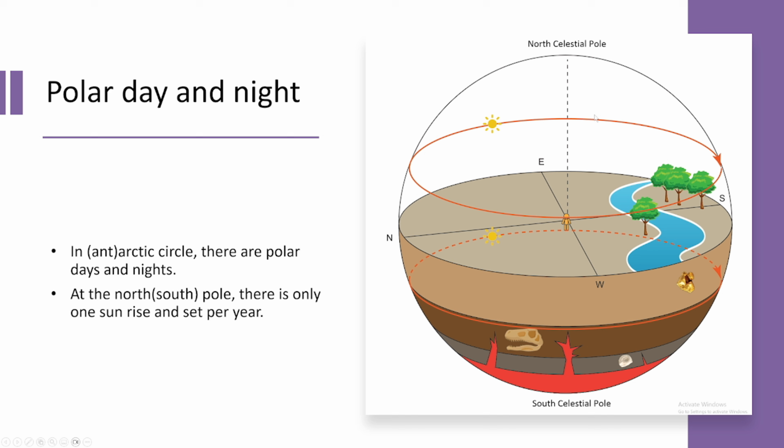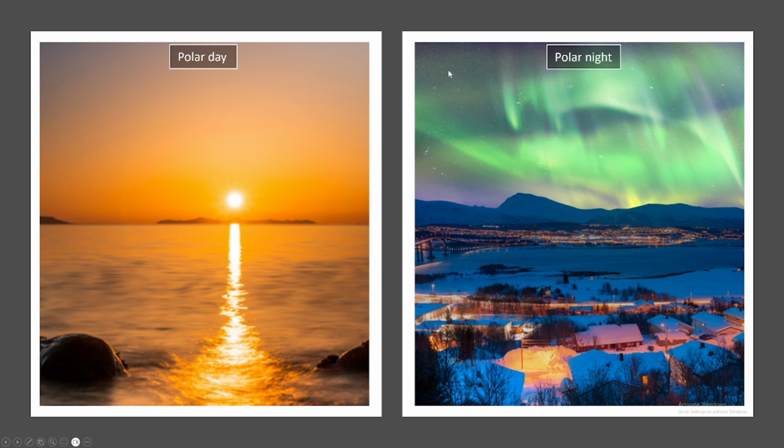So for the summer season, the solar path just goes around you, which is known as the polar day. And when the sun goes down, it's known as the polar night. So at the North Pole, there is only one sunrise and one sunset per year. This is what the polar day looks like in the Arctic Circle.